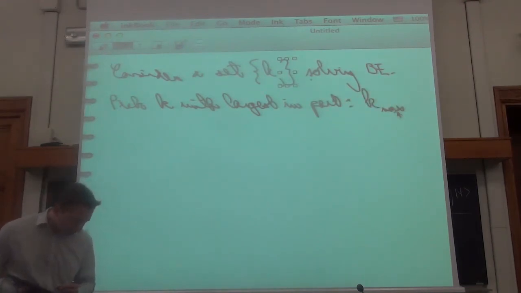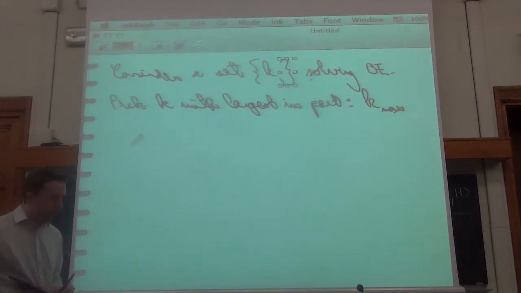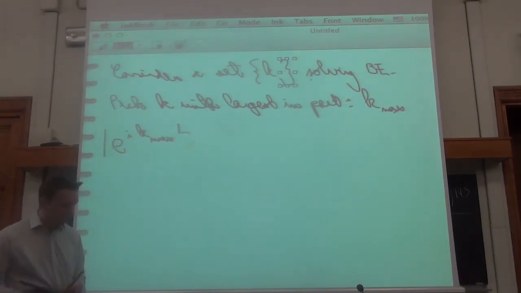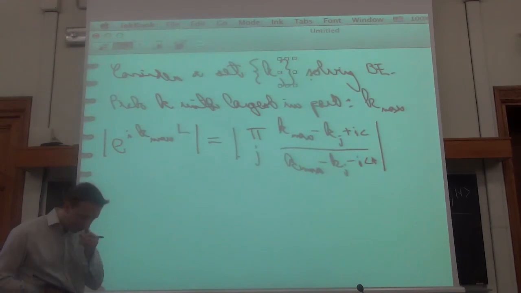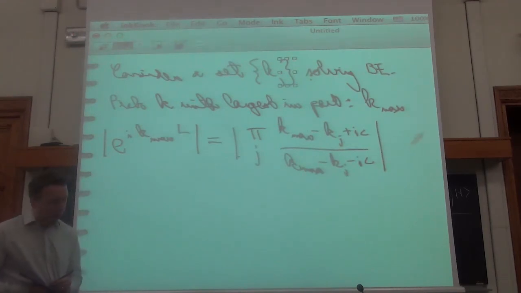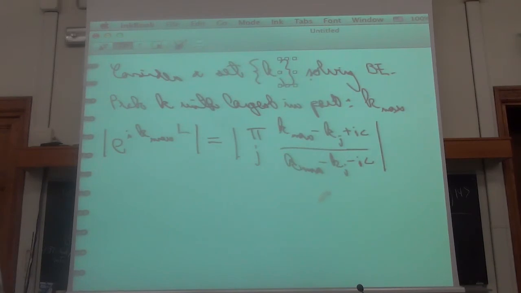Okay? So the beta equations for k max, e to the i k max L, we will just take the absolute value here, is equal to the product over j of k max minus kj plus ic divided by k max minus kj minus ic. And we take the absolute value for this. Okay? So there's a kind of contradiction between the two sides.